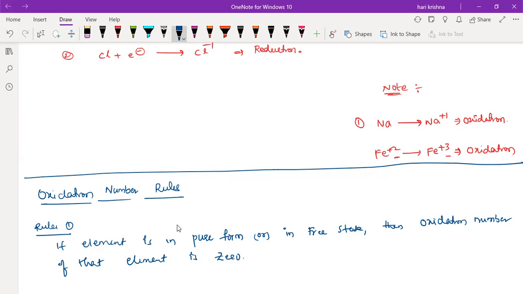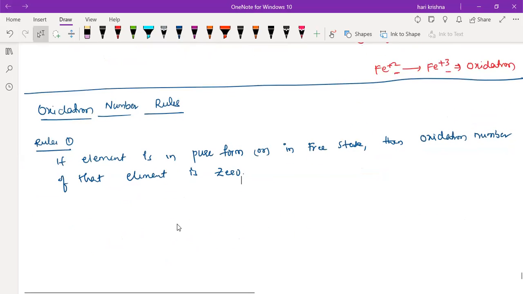What is the meaning of pure form or the free state? Any examples? Suppose we take sodium, it exists as Na only, right? Iron, Fe.